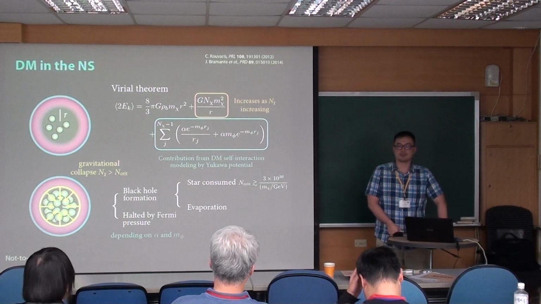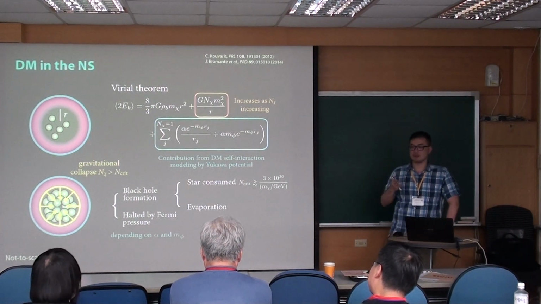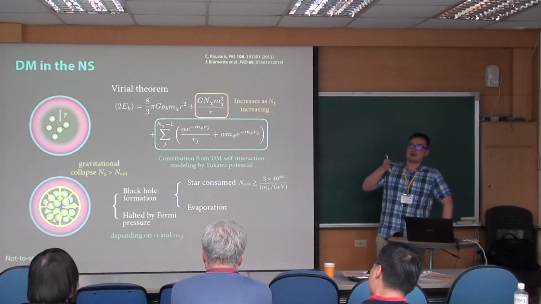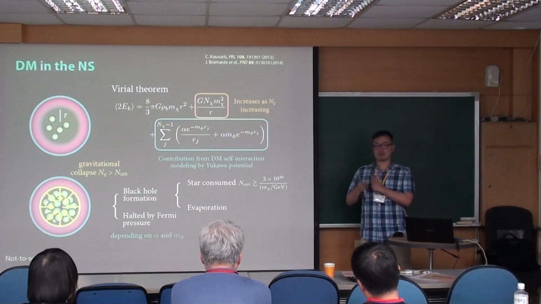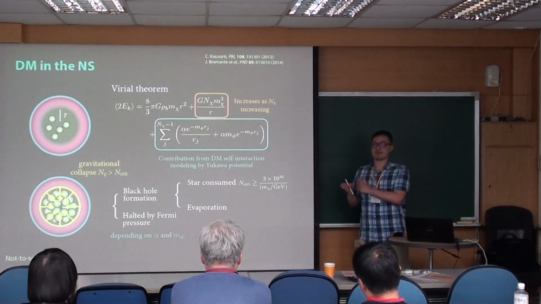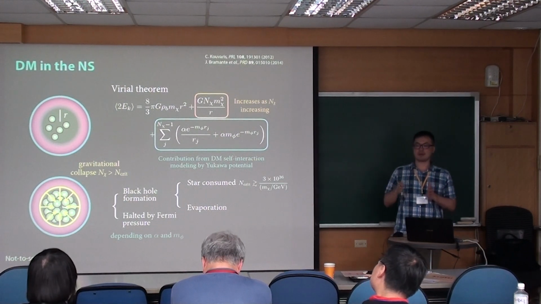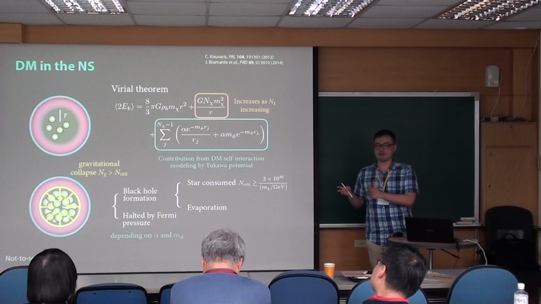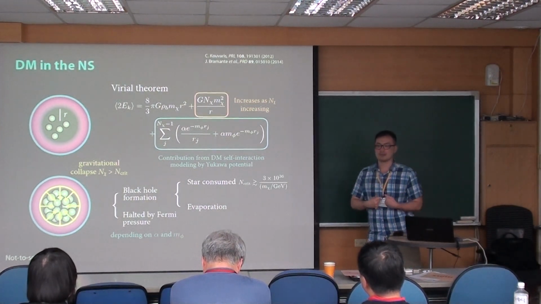They could stay on the surface if the dark matter kinetic energy is large enough to overcome the gravitational potential. However, if the dark matter kinetic energy is not enough, the gravitational potential will pull the dark matter down to the core.